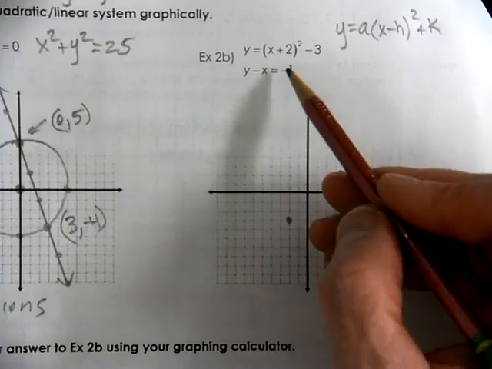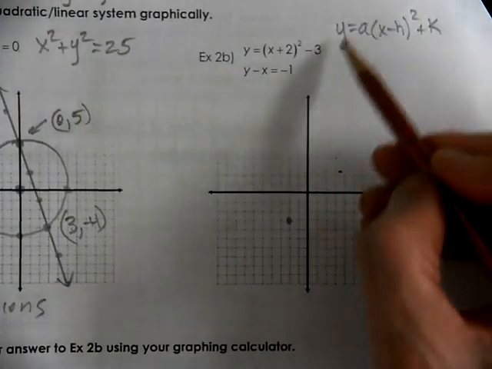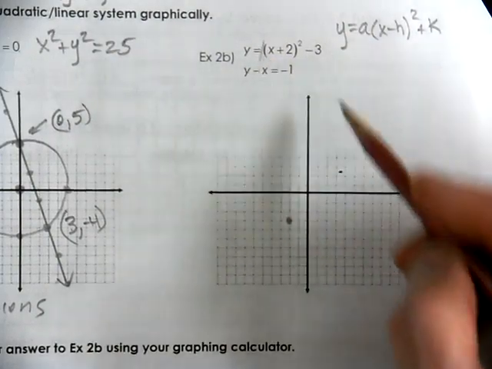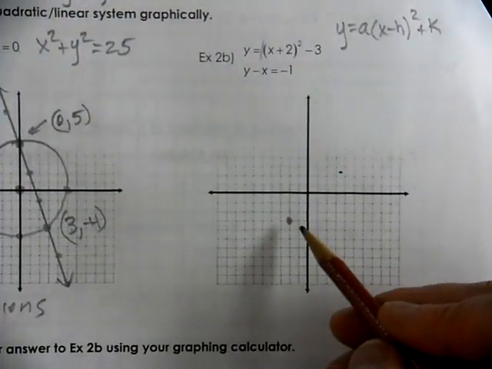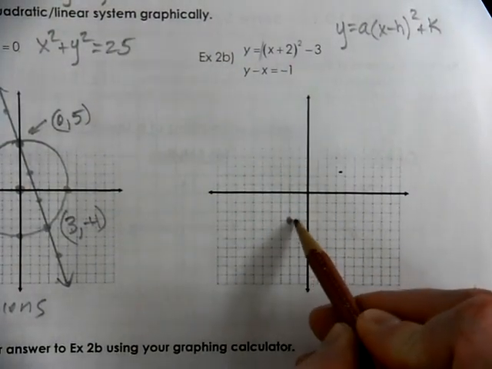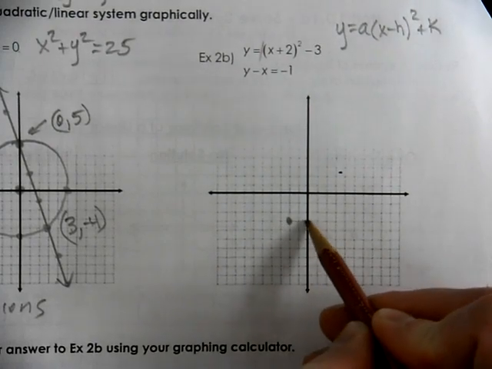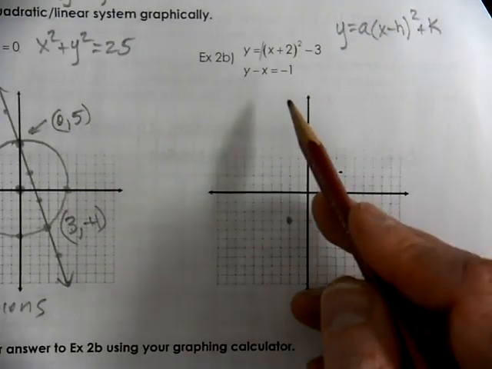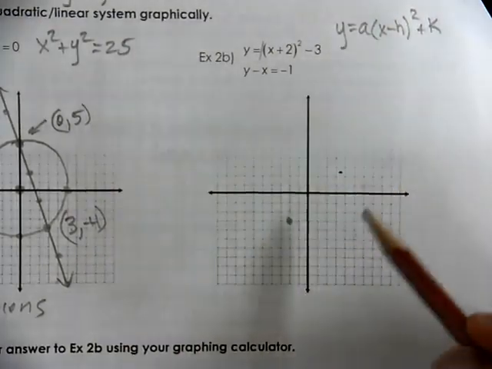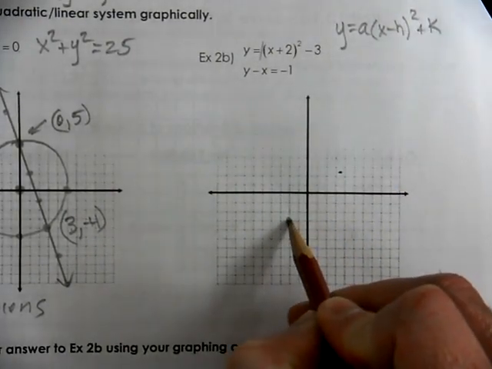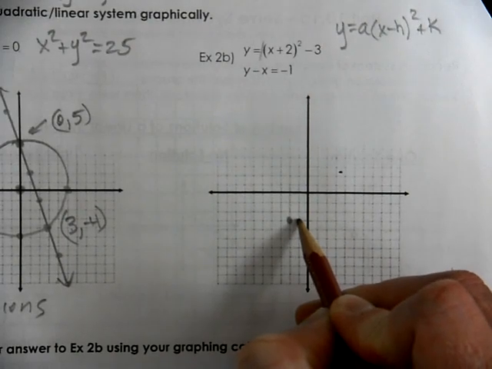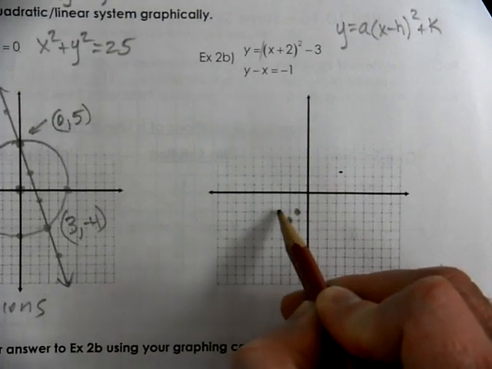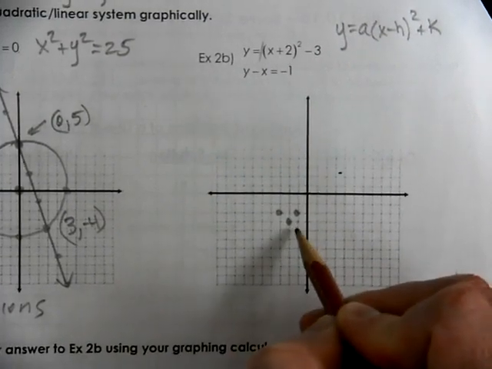And so if that's my vertex, from that location, I notice my a value is 1. So I'm going to do my parent graph, which we do 1 to the right and square it, 2 to the right and square it, and 3 to the right and square it. That's what x squared, the parent function of a parabola, is. So from your vertex, move 1 to the right. 1 times 1 is 1. And you can reflect that over our line of symmetry.